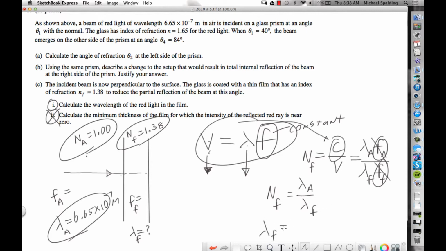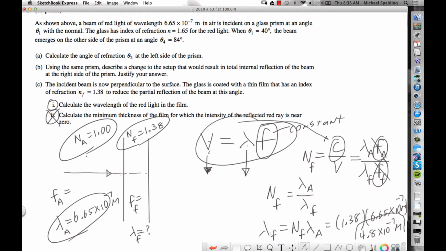So the wavelength in the film is going to be the index of refraction of the film times 6.65 times 10 to the negative 7, which gives 4.8 times 10 to the negative 7. I get the feeling, oh, did I make an algebra error?